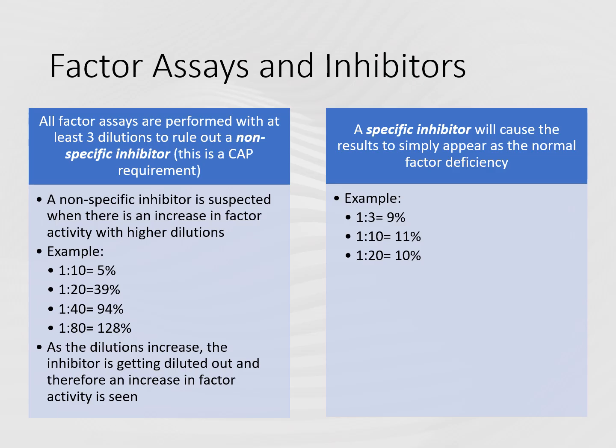All of these results, even though they are increasing in dilution, are within 20% of each other. They're all similar in terms of the range. That's because this is a specific inhibitor that isn't so much being diluted out because it's bound specifically to factor 8 or factor 9 or whatever factor it's inhibiting. It doesn't just dilute out the way a non-specific inhibitor would.